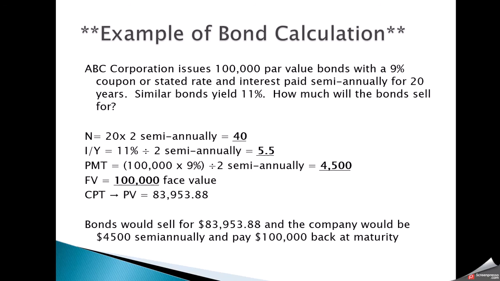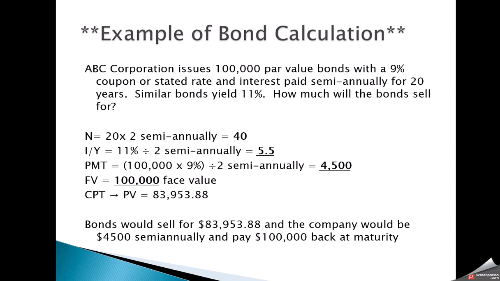So our N is our number of interest payments, so the 20 years times 2, because they're semi-annually, that gives us 40 interest payments. The IY is the market rate, so similar bonds yield 11%. That 11% is the market rate. We're going to divide it by 2, though, because it's semi-annually, so that's 5.5% each semi-annual period.